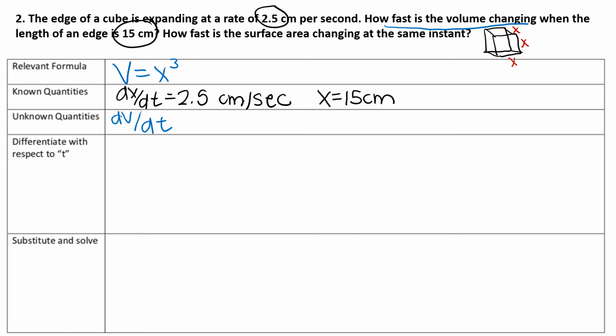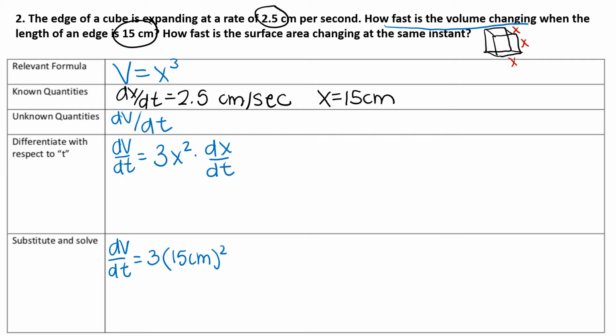So we can go ahead and differentiate our volume equation. So the derivative of V with respect to t is dV/dt equals, using our power rule, 3x squared dx/dt. From here, we can go right ahead and plug in what we know. So we have dV/dt equals 3 times x, which is 15 centimeters, squared, times dx/dt, which is 2.5 centimeters per second.